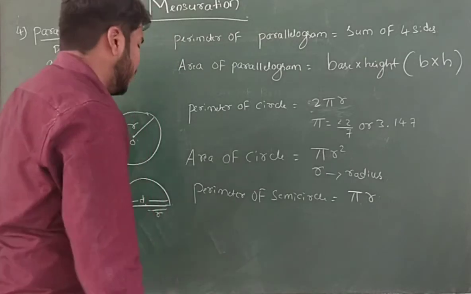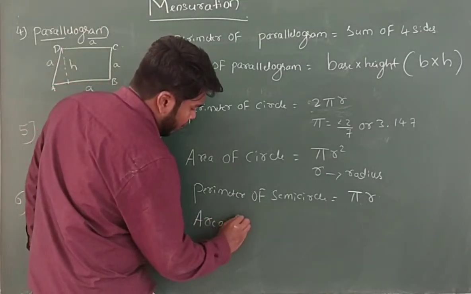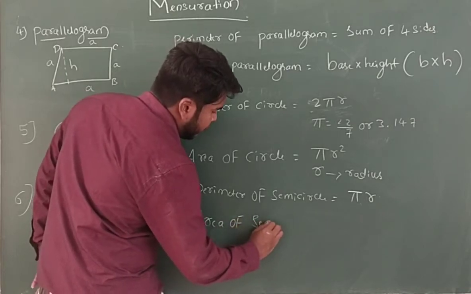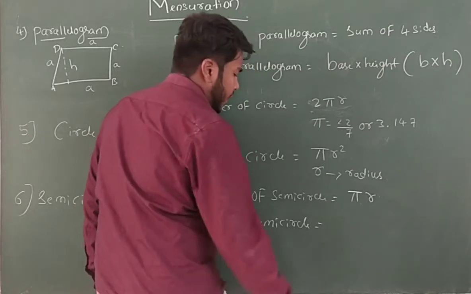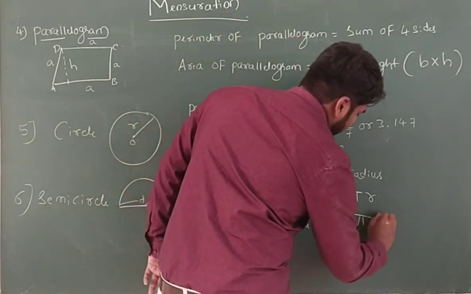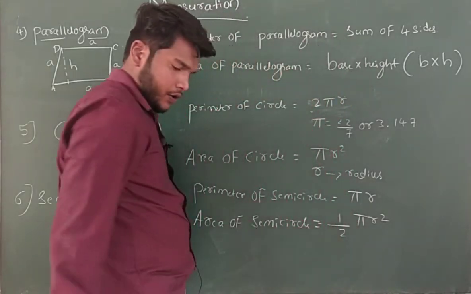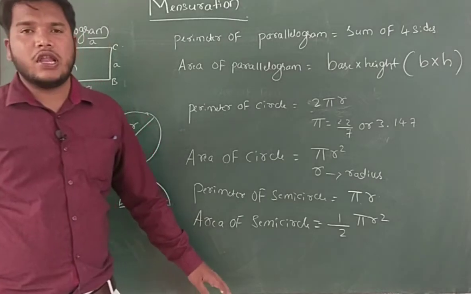Similarly, area of semicircle you are having as half pi r square. Okay, so these are some basic important concepts you have studied in the last class.